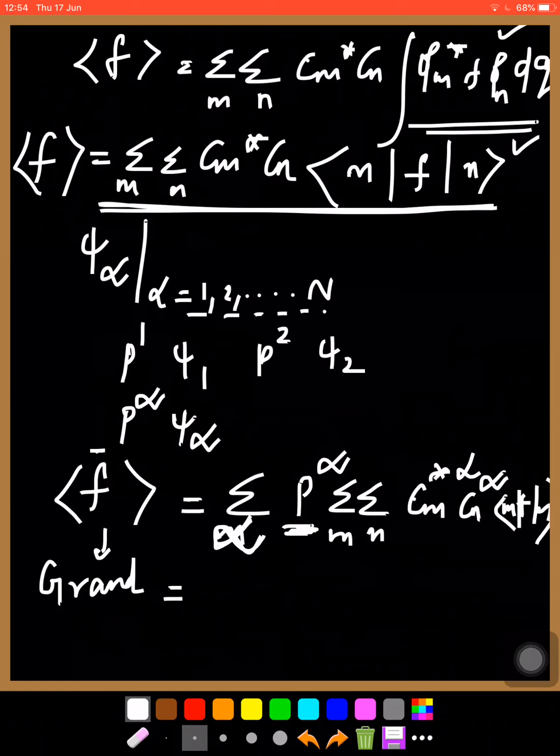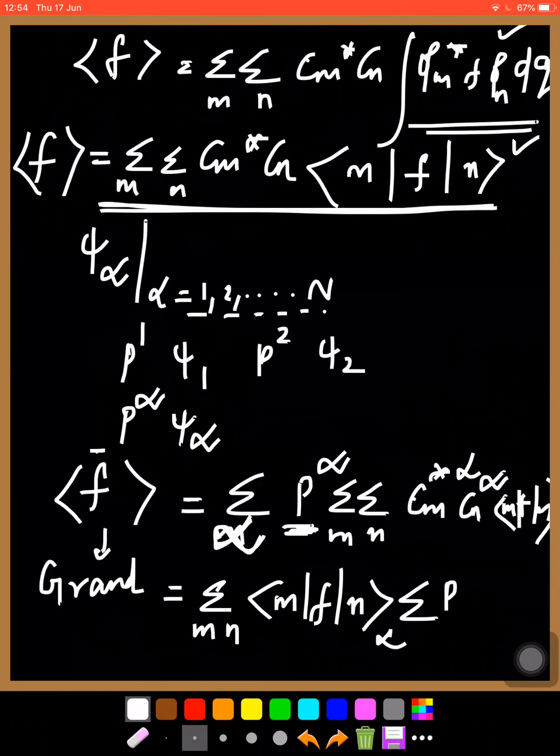And this is equal to sigma m n, and the term containing alpha, that is sigma alpha P alpha cm star alpha cn alpha, times f m n.